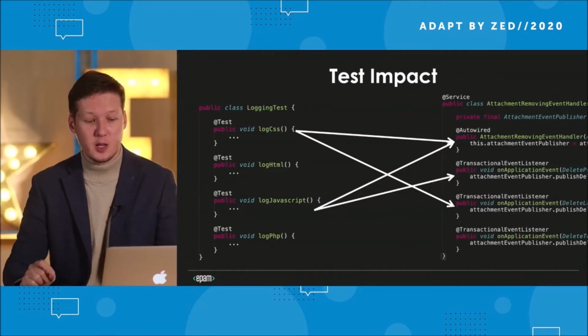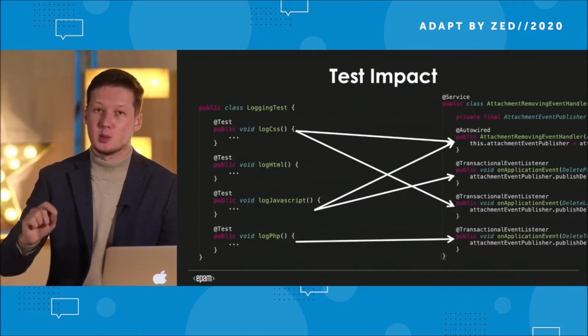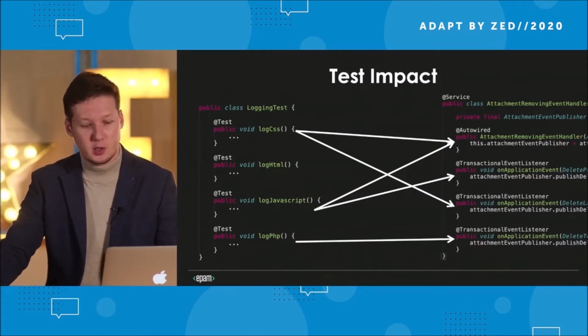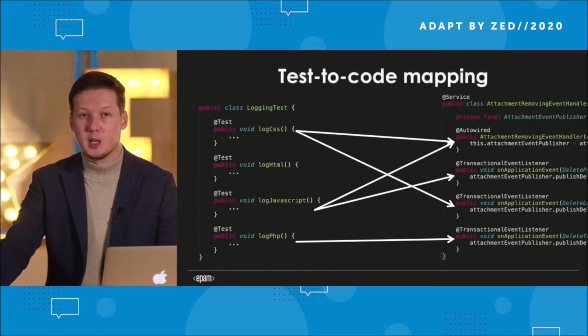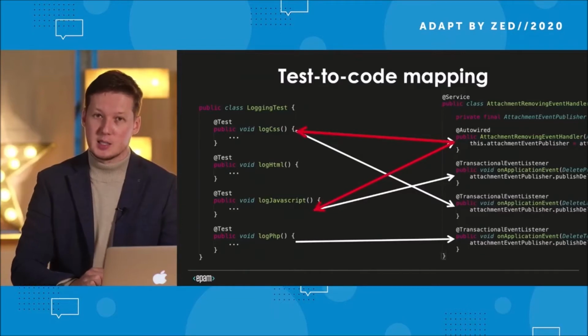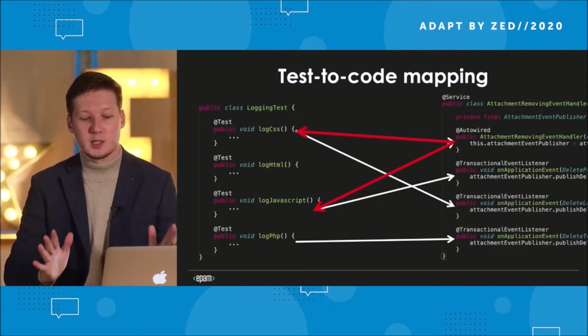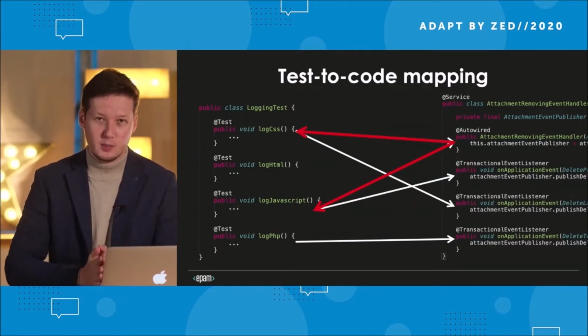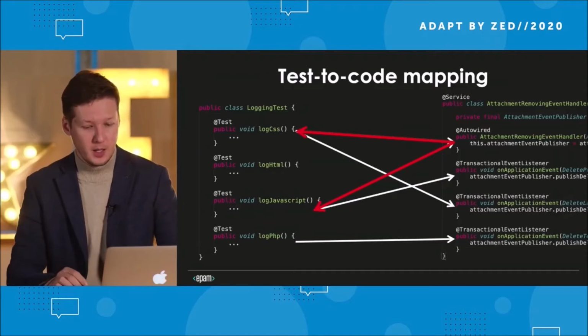If I know that a particular test case executes particular methods within the application, I also know which test cases I need to execute to check that method. We call this action test-to-code mapping, which helps us bring the magic onto the stage.